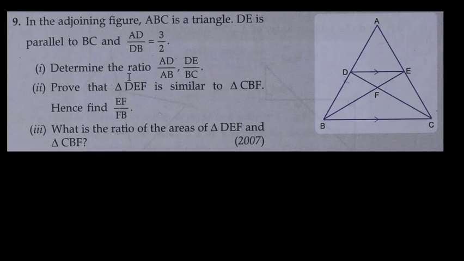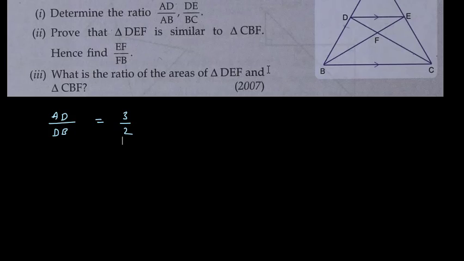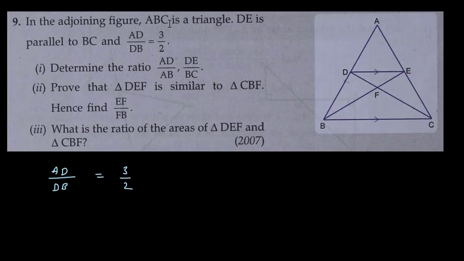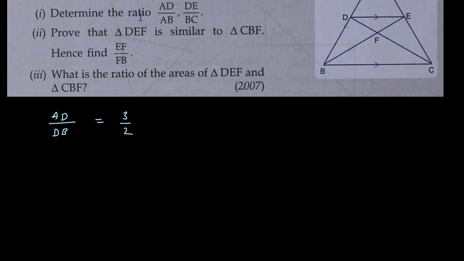So let us start. First I have to find what is AD upon AB. Here it is given that AD upon DB is 3 divided by 2, and I have to find AD upon AB. So there are different ways. Let us write DB in terms of AD. I can use componendo or dividendo also.